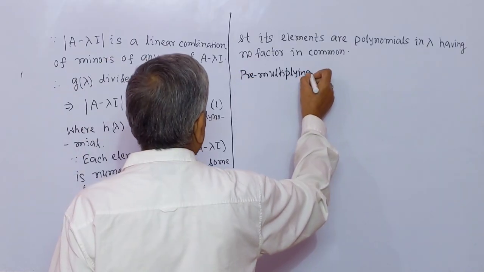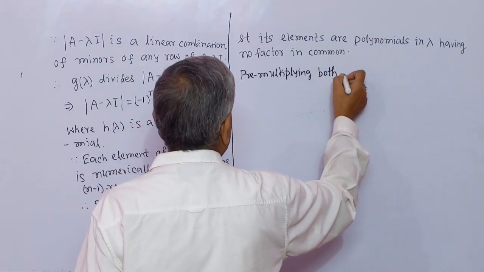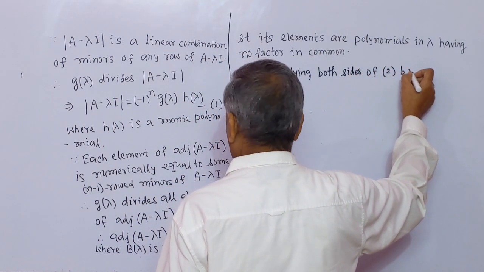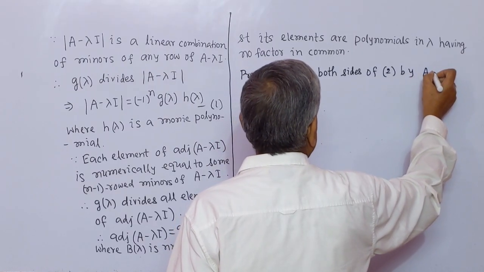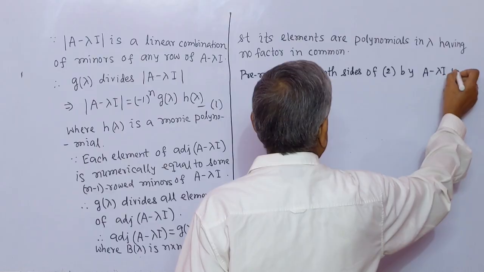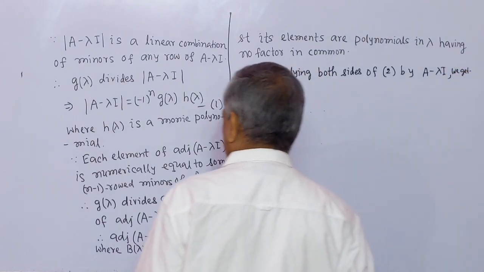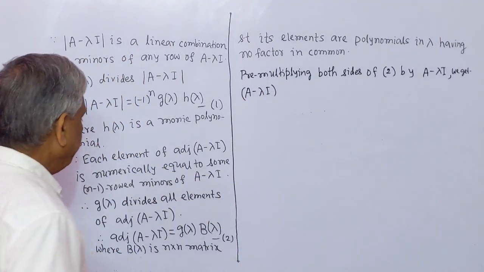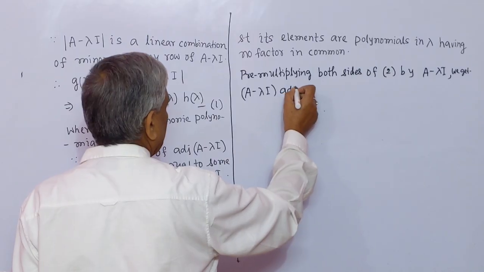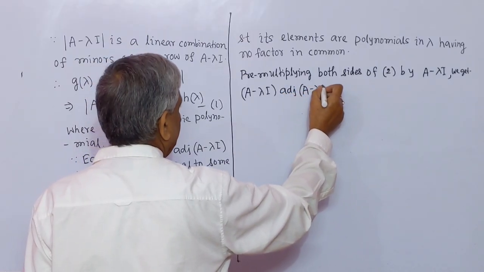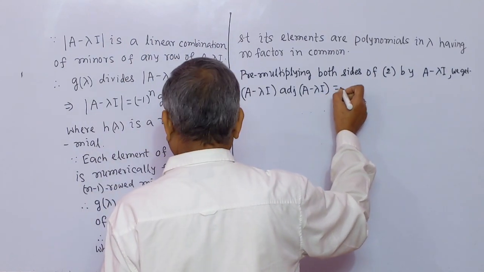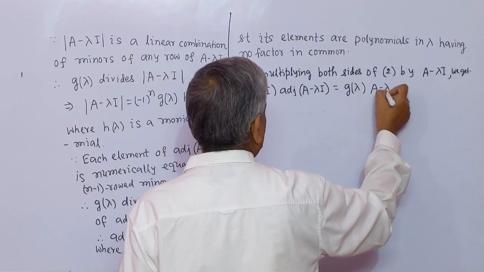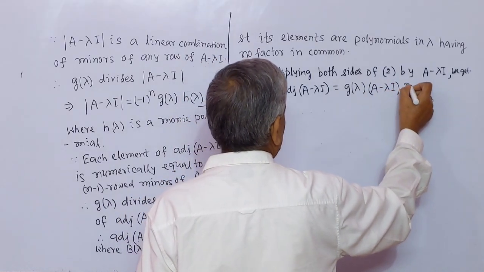Pre-multiplying both sides of 2 by A minus lambda I, we get A minus lambda I multiply adjoint of matrix A minus lambda I equals G lambda multiply A minus lambda I multiply B lambda.